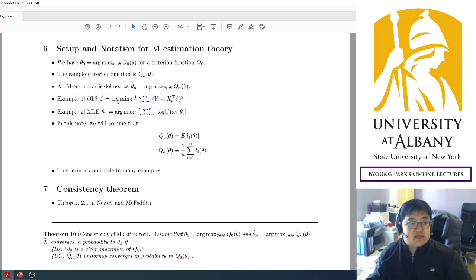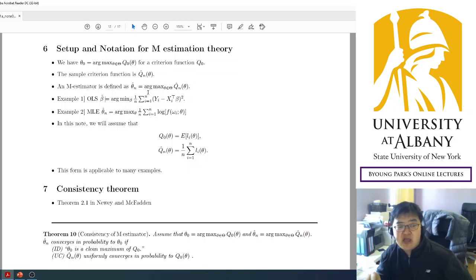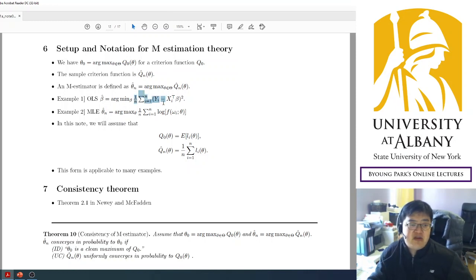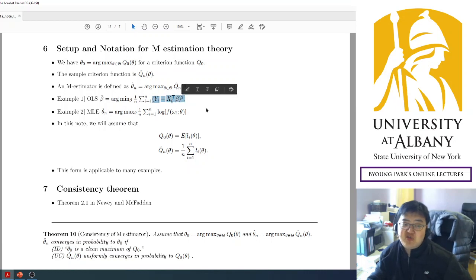And the examples. In the OLS case, beta hat is a minimum. So minimum and maximum are the same depending on whether you take a negative sign or not. So beta hat is obtained by minimizing this guy. So this is a kind of sample mean, 1 over n summation means sample mean of the squared residuals.